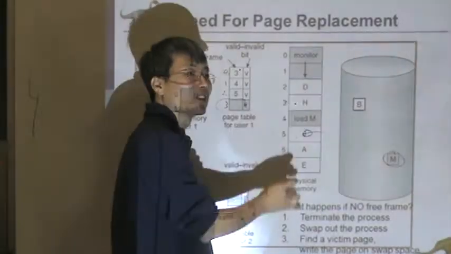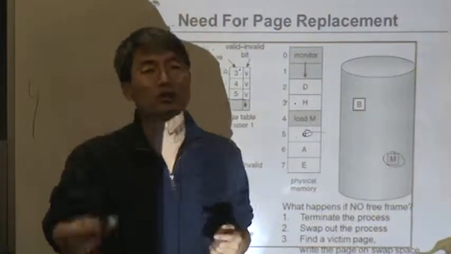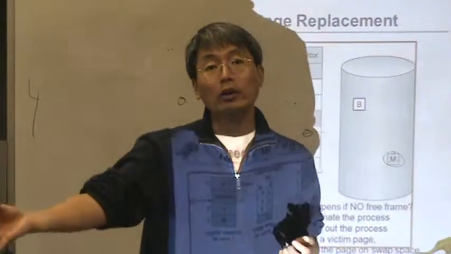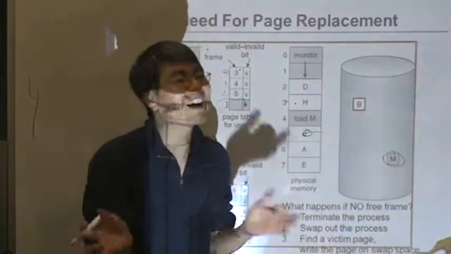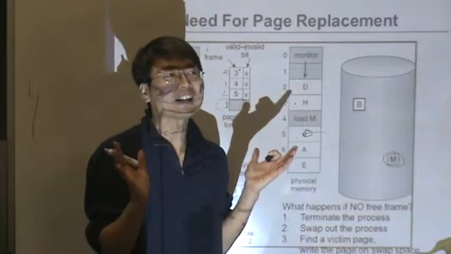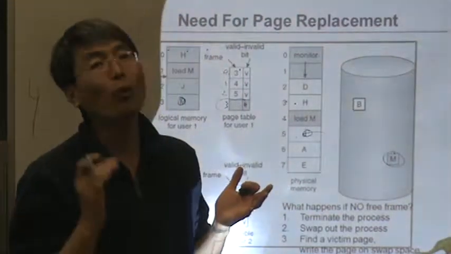The problem is how to decide. Just randomly select? We don't want that. What if J is frequently used, or will be used next time? We don't want to page out a frequently used page. We'd better page out one which is not used, right? That is the idea. But it's not easy to decide whether a page will be used soon or not.